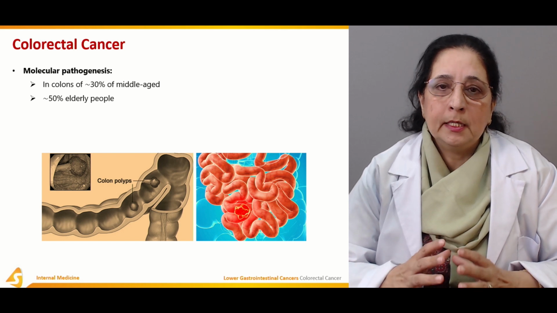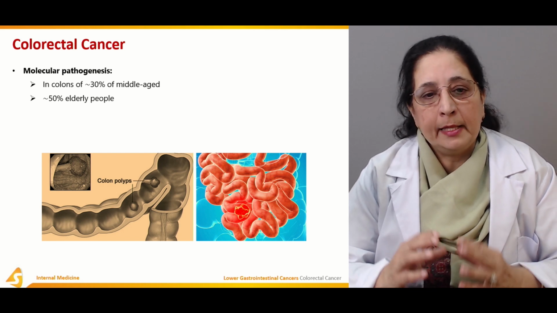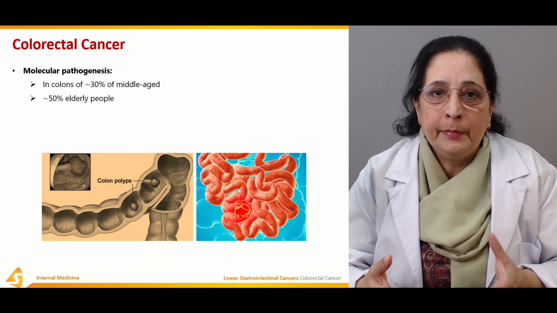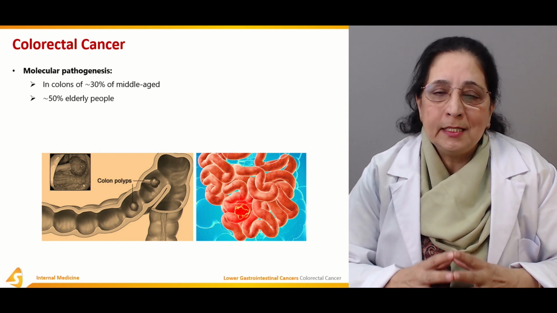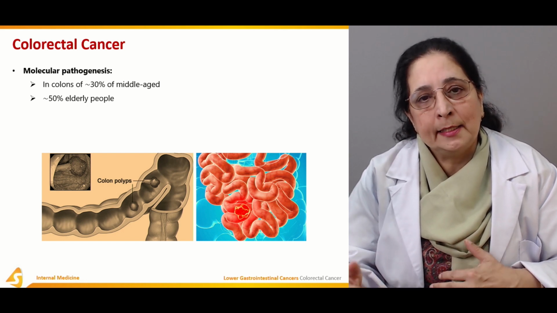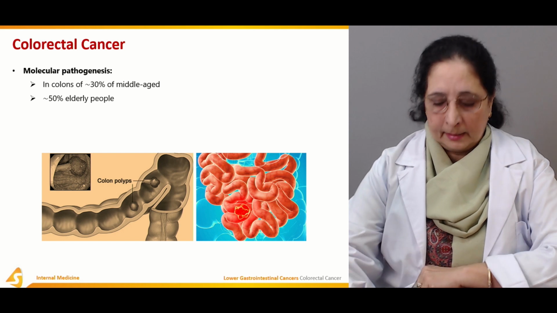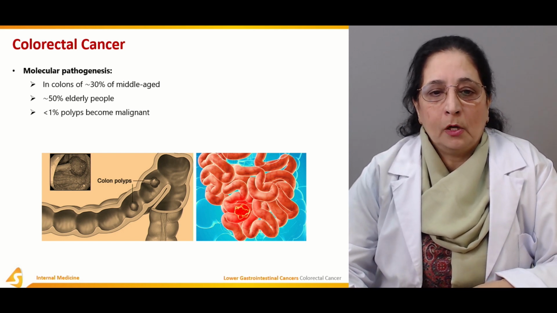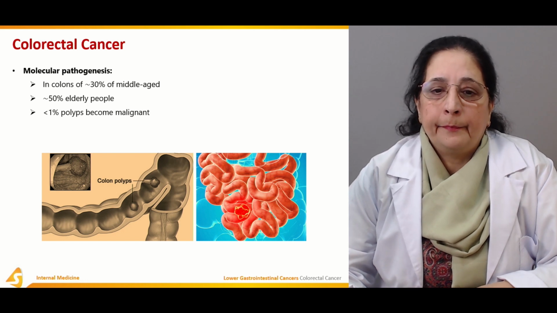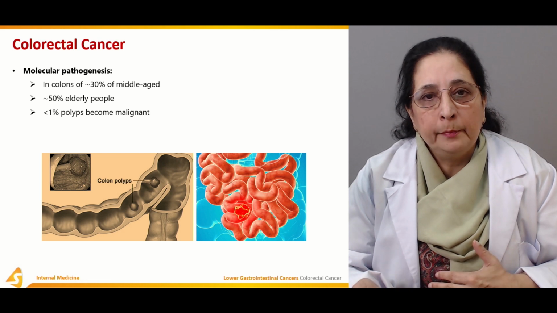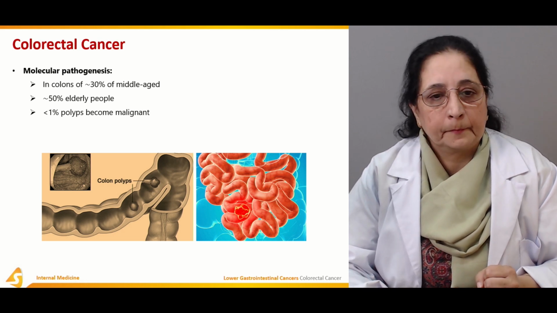So 30% in the middle age group, and then 50% in the older population. But it's not a disease of young individuals. Colon cancer occurs a little late in age. Less than 1% of polyps become malignant.